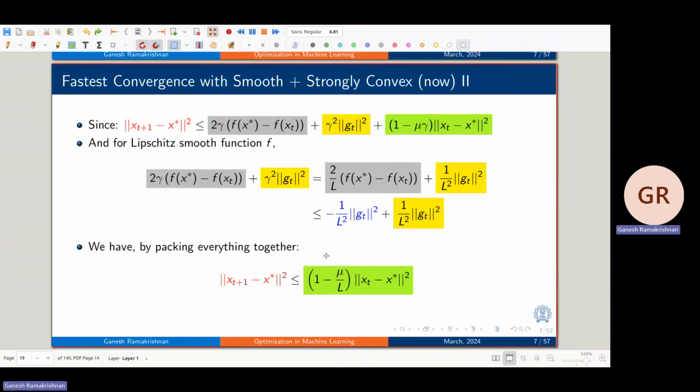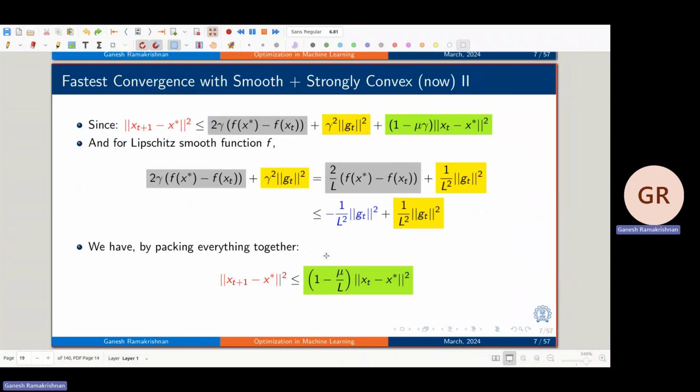Right? Therefore, 1 minus mu by L will be greater than or equal to 0.